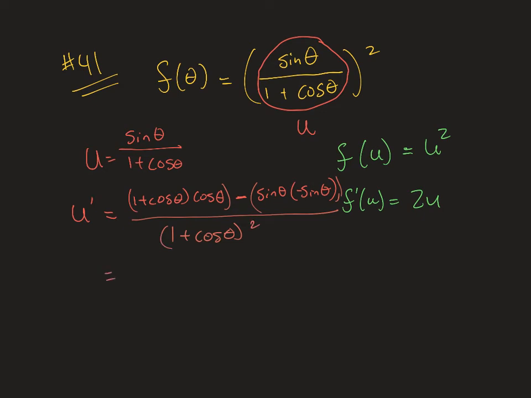And I just need to clean this thing up a little bit, and then I'll be able to multiply my two derivatives together. So I'm going to distribute the cosine. Let's see what happens.